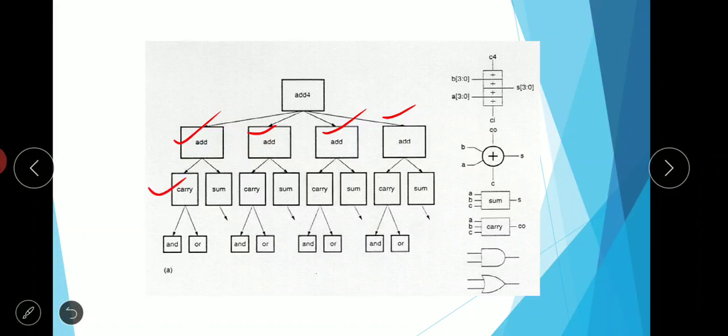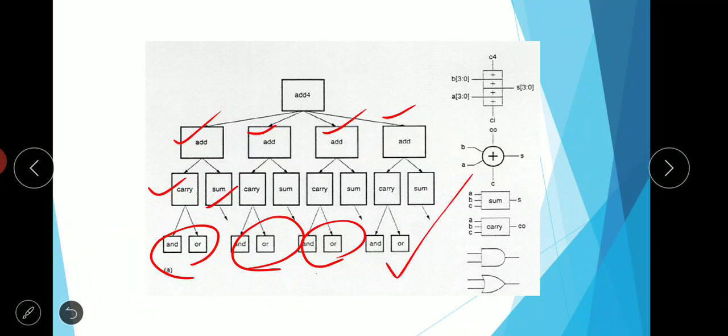These are carry and sum circuits and these are individual logic gates. Because the complexity of the 4-bit adder is more than a simple logic gate, it is easy to manage logic gates than a complete circuit. So this is all about design hierarchy.